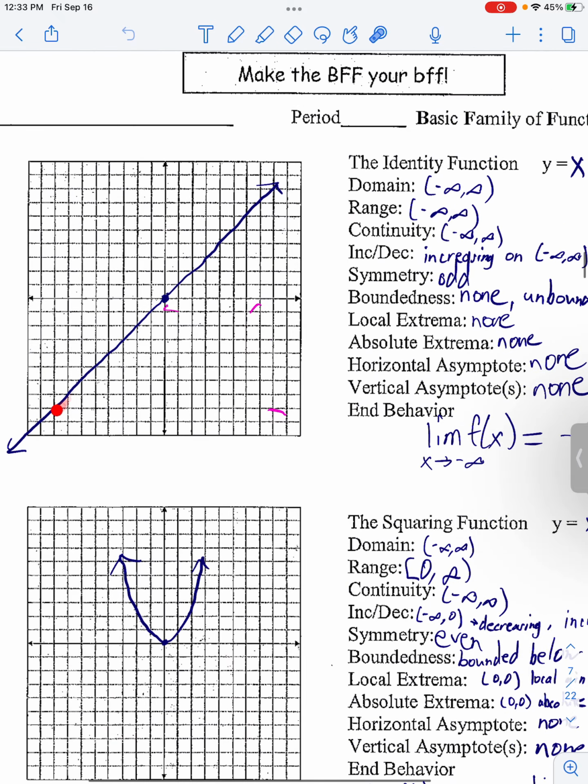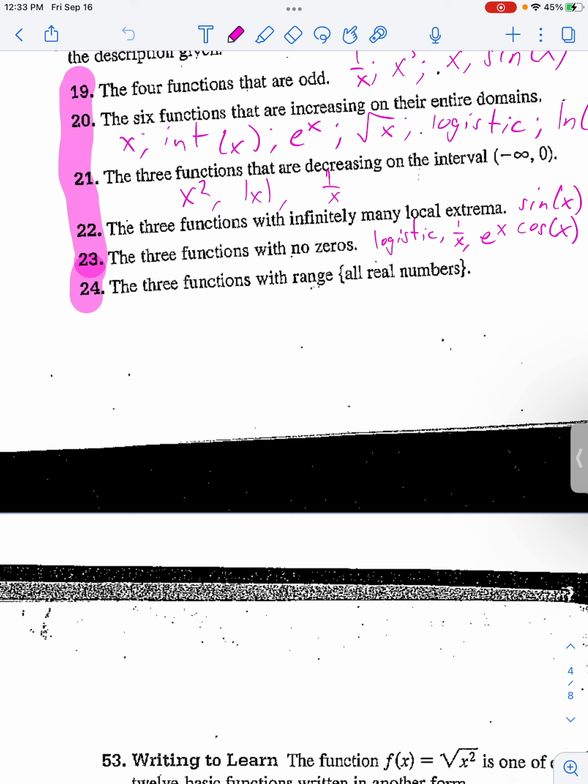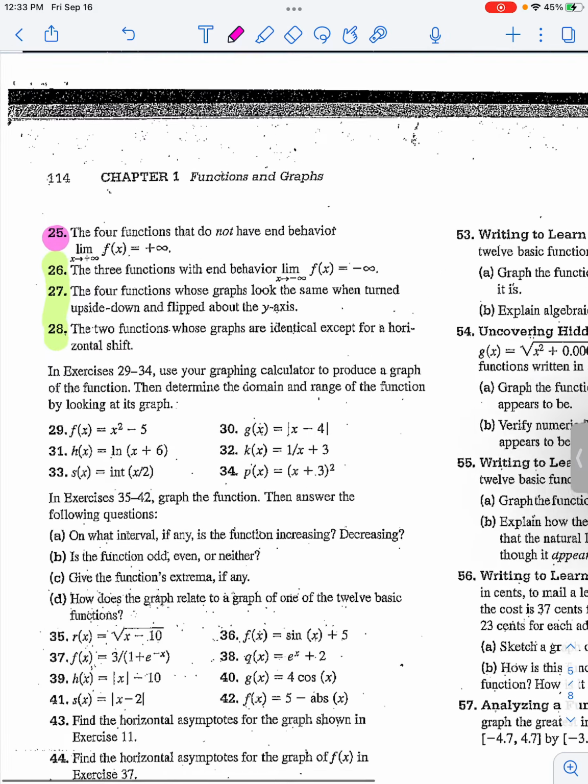Bounded, so no, this has a range of all real numbers. Identity function, so it goes up and down forever, okay? So the answer here would be x cubed, x, and ln, natural log of x, okay?